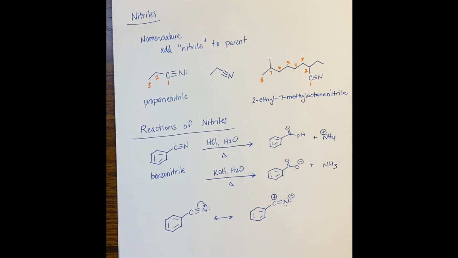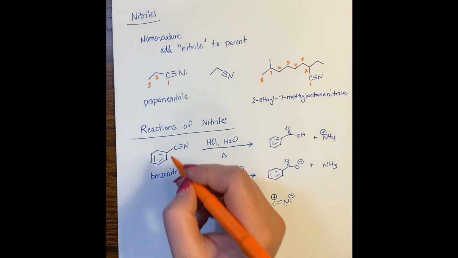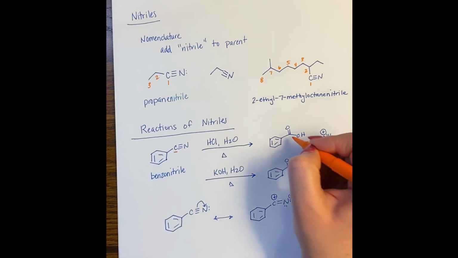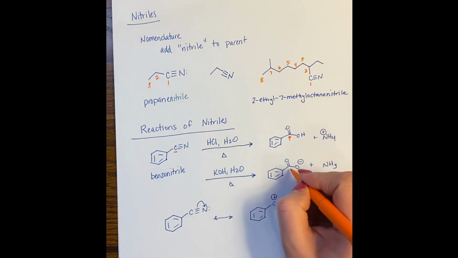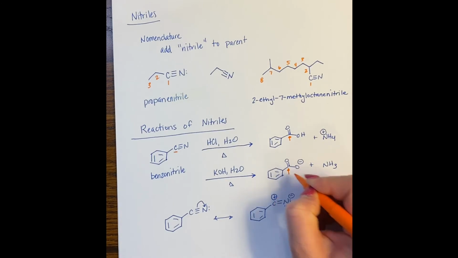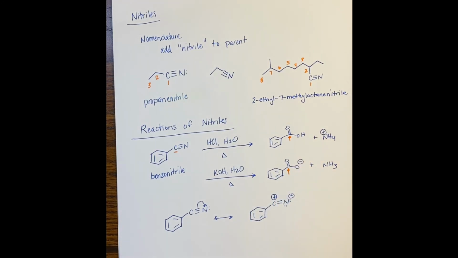So what I want you to do is pause this video, and think about these mechanisms. Think really hard, think really carefully. This carbon of my nitrile is this carbon of my carbonyl. So you need to think about how you're going to break 3 carbon-nitrogen bonds, and you're going to make 3 carbon-oxygen bonds during the course of this mechanism.